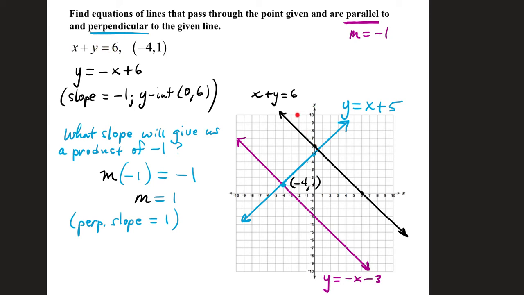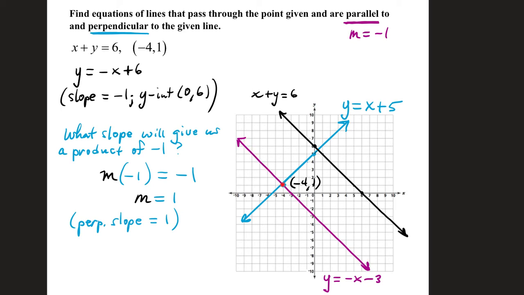Plot that point, connect those two dots, and this black line represents the line it's given, x plus y equals 6. Now, the point that's given is negative 4, 1, so I'm just going to plot that point, and it's right here. We're first asked to find the equation of a line that's parallel to the one given.